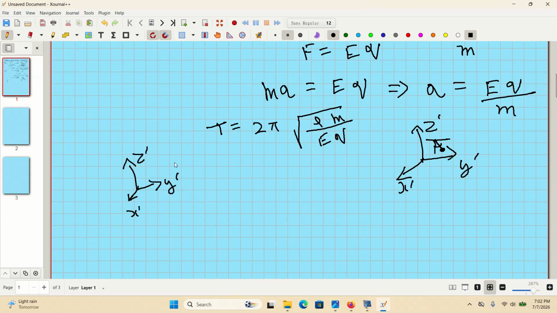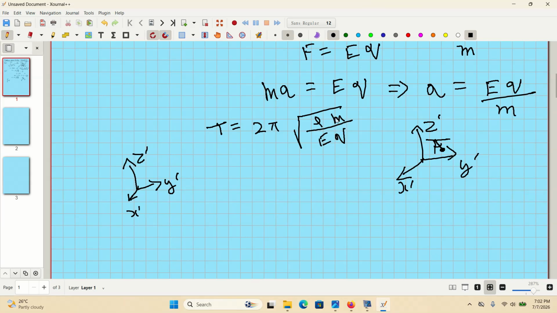In order to calculate the time period, you again need to know the acceleration, how the charge changes, how the length is changing, how the mass is changing.